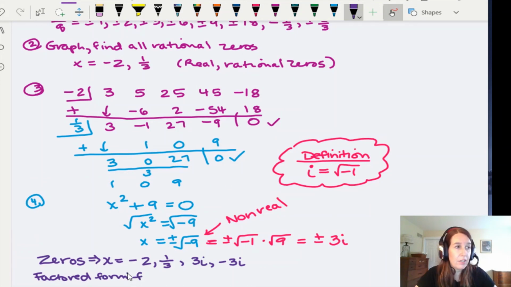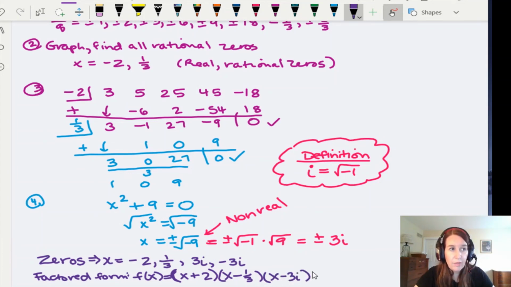So f of x is equal to, remember, it's always going to be in parentheses, x minus the 0, x minus the 0. If you know that, then these get to be pretty easy. So this would be x minus negative 2, so that's x plus 2. This is x minus a third. We'll talk about writing that in a different way in a second. This is x minus 3i, and this is x plus 3i.